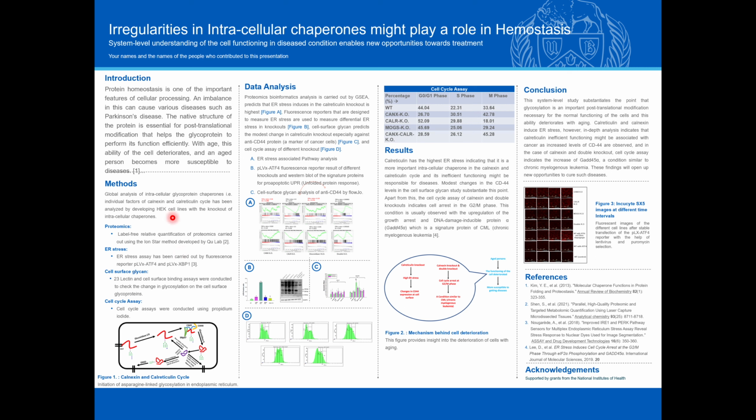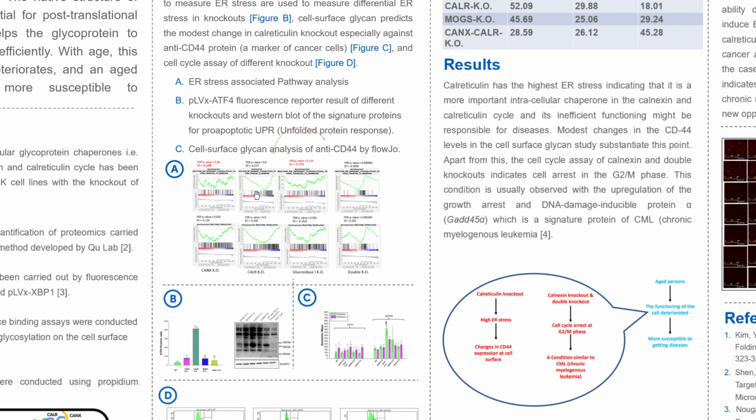From this proteomics, we have found that in Calreticulin knockout, the pathways that are related to ER stress got down regulated compared to the other knockouts.